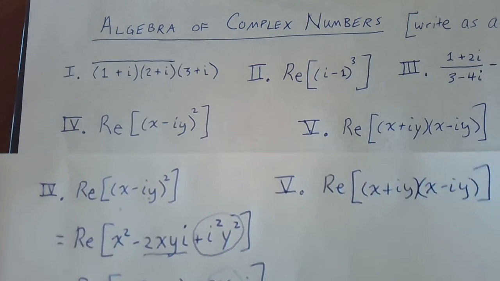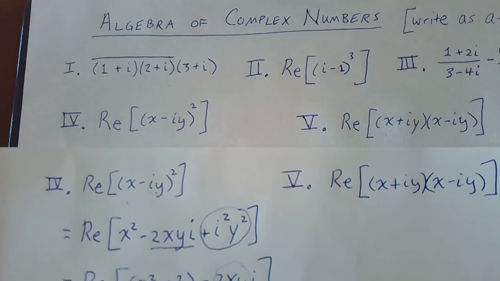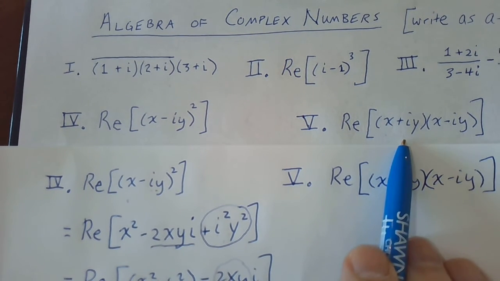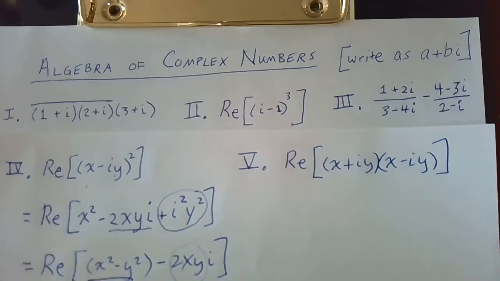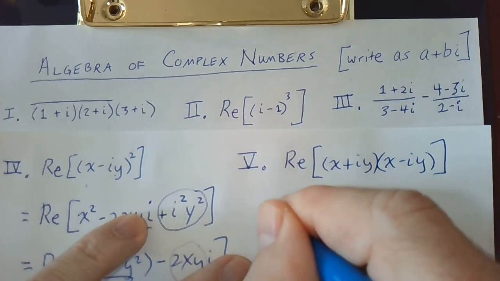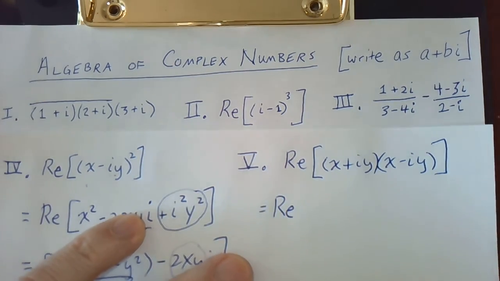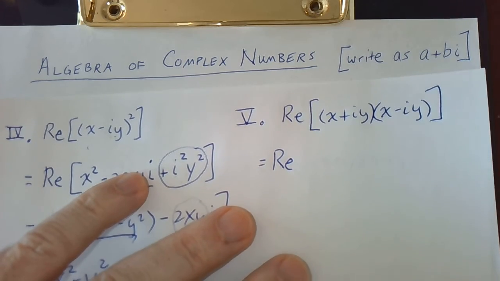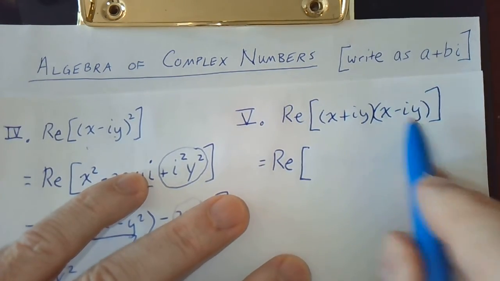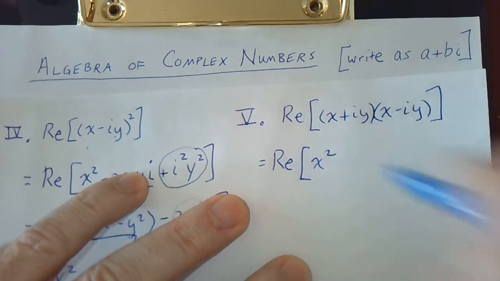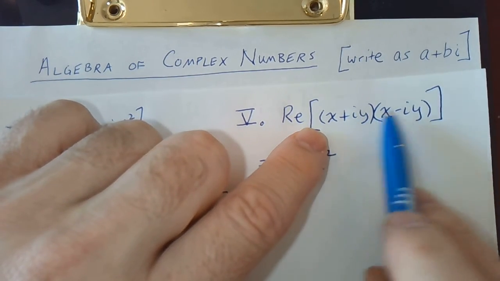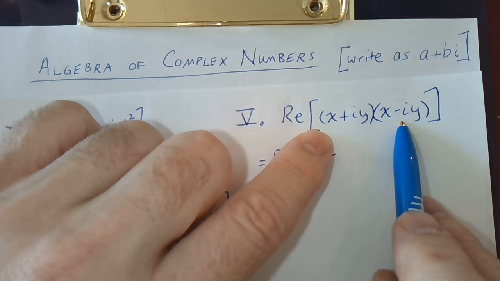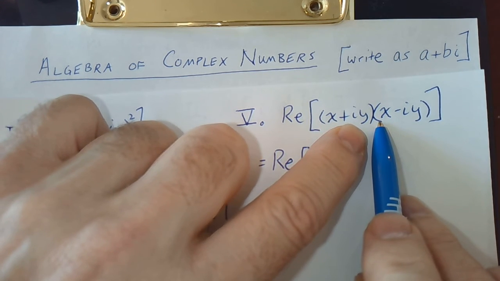Okay, let's go on to the last one of this video. Number 5, the real part of x plus iy times x minus iy. All right, well that is equal to the real part of, all we have to do is FOIL this out, get an x squared. Notice these are a complex conjugate pair, so the outer and inner cancel out.